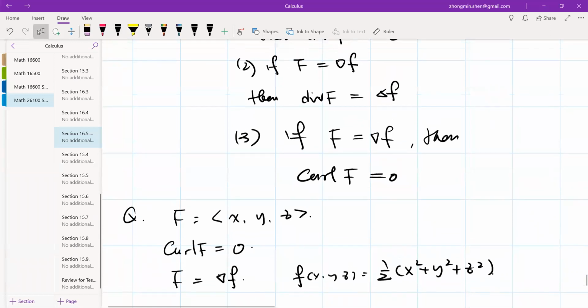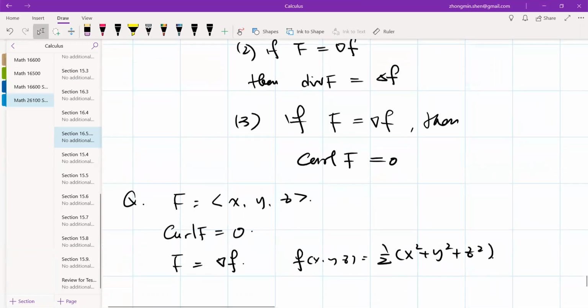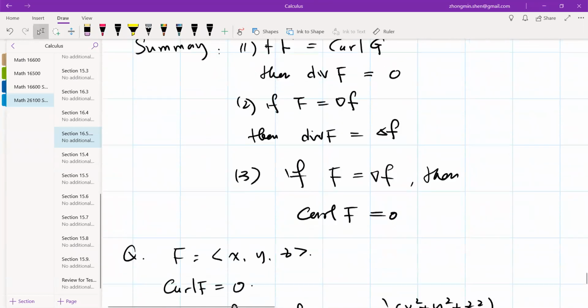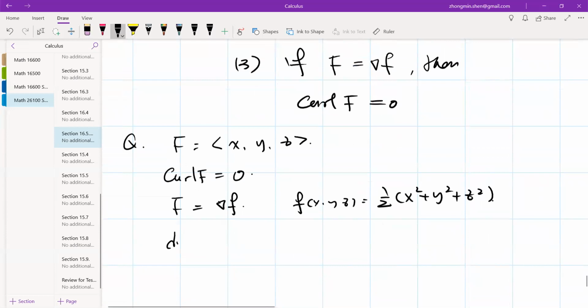Now, does f come from the curl of another vector field? Then you have to look at the divergence. The divergence is going to be 3, which is not 0.